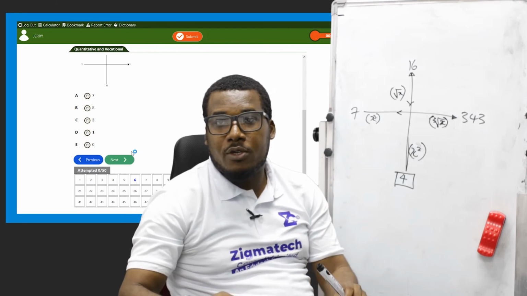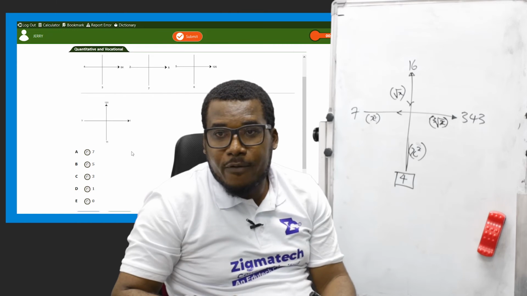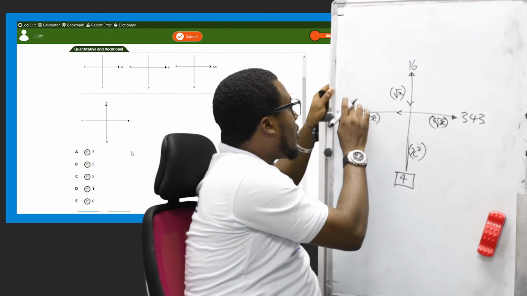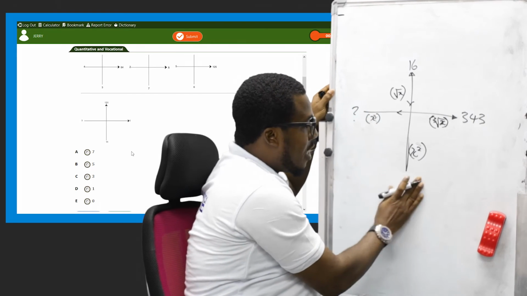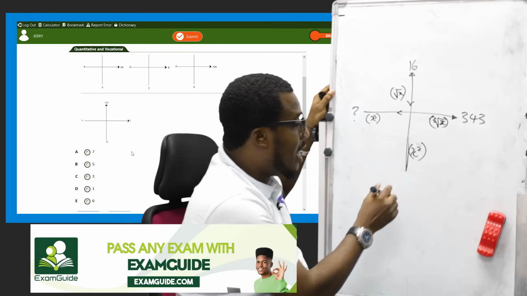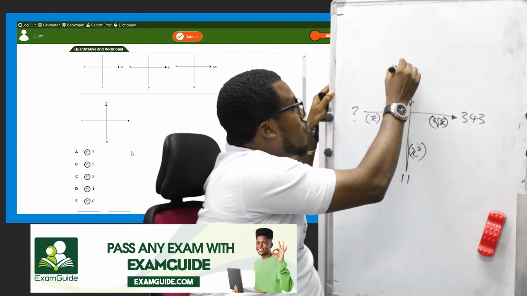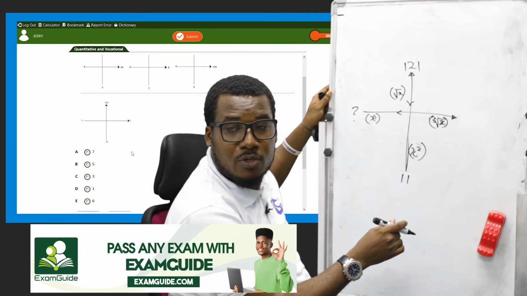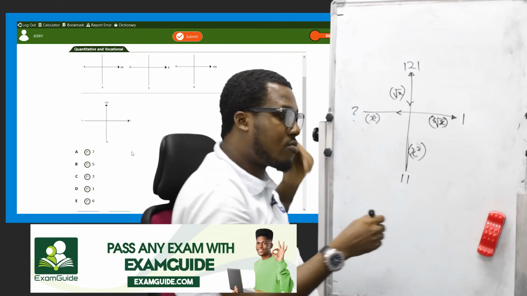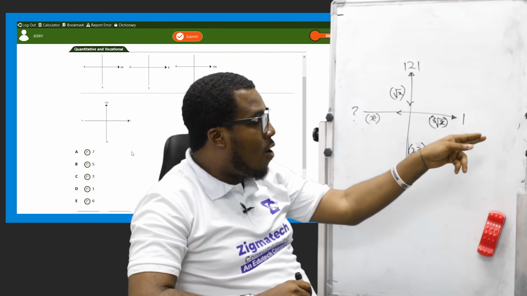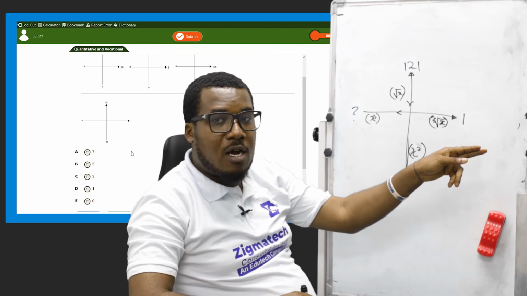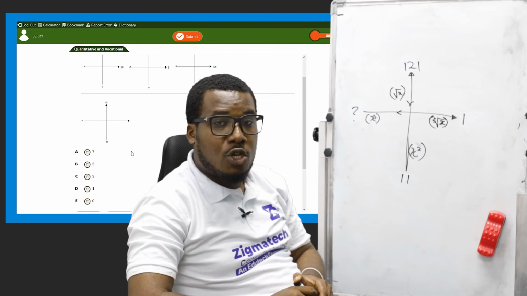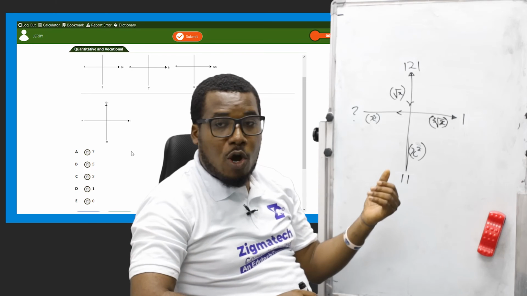Let's see more questions. Now we're asked in this one to look for, this time we're looking for the horizontal side, which we are looking for here. We are given here to be 11, here to be 121, and here to be, which is what will help us to determine this answer, 1. Remember, going forward, we say cube, but coming backward is cube root.